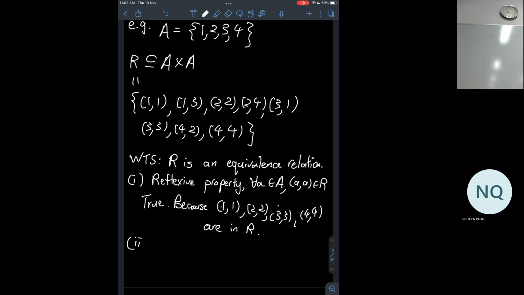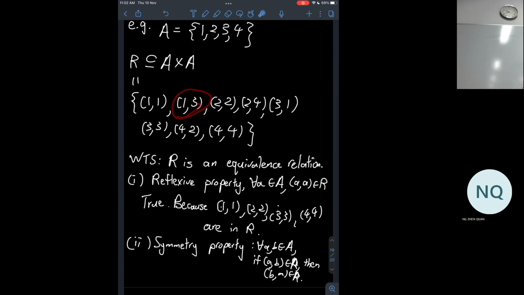The next one is the symmetry property. For every a, b in A, if (a,b) is in R, then (b,a) is in R. So look at the relation here. (1,3) is in R. That means (3,1) has to be in R. Is (3,1) in R? Yes. If (2,4) is in R, is (4,2) in R?